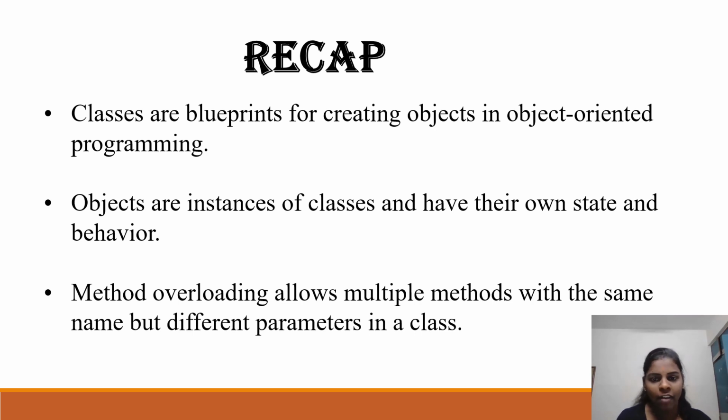Now let us see the recap for the class and everything which we have seen here. Classes are blueprints for creating objects in object-oriented programming. Objects are instances of classes and have their own state and behavior. Method overloading allows multiple methods with the same name but different parameters in a class.